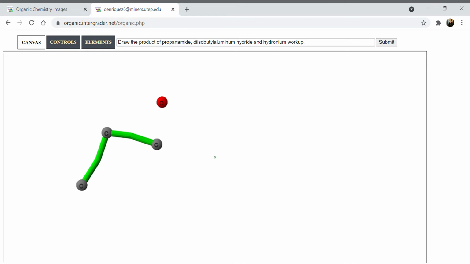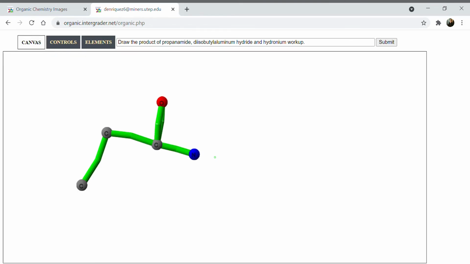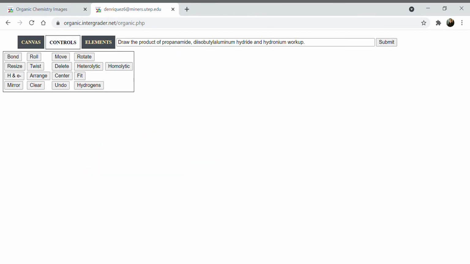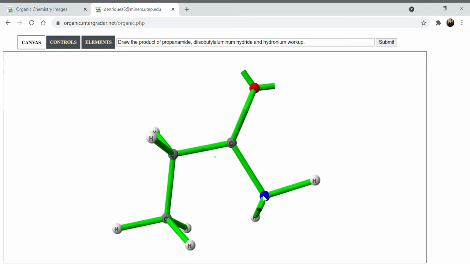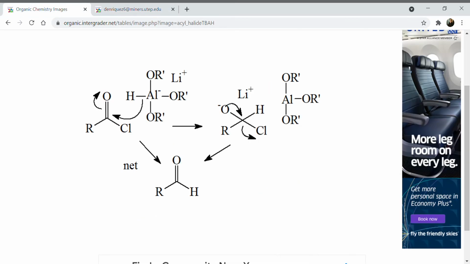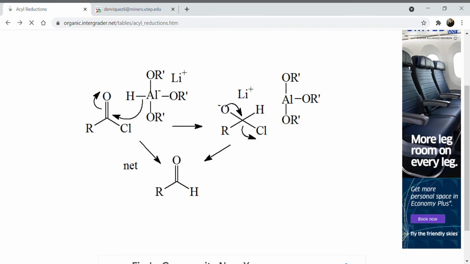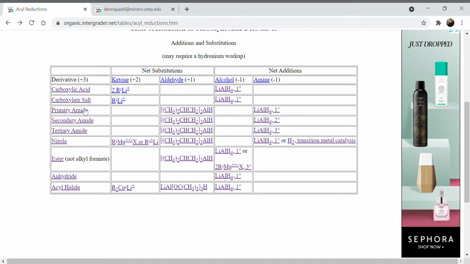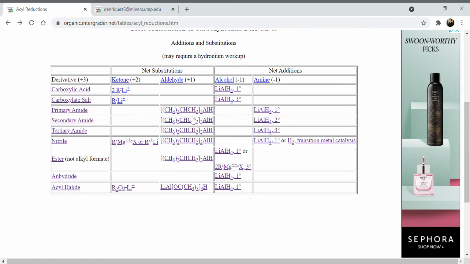Propanamide, got my double bonded oxygen and my single bonded nitrogen. Arrange and fit. I have a primary amide reacting with just aluminum hydride, no lithium, so I'll go to my primary amide. And actually all these 3 have the same outcome.